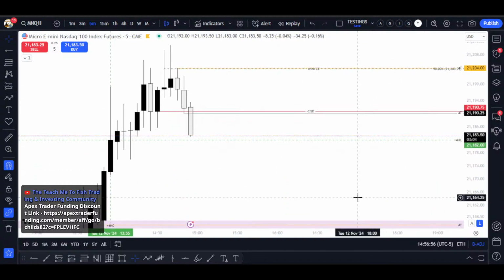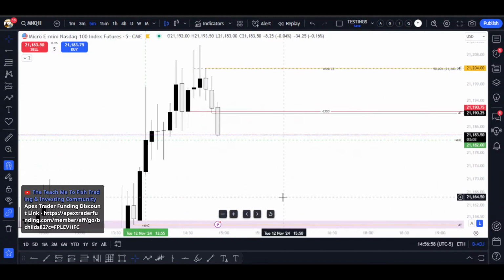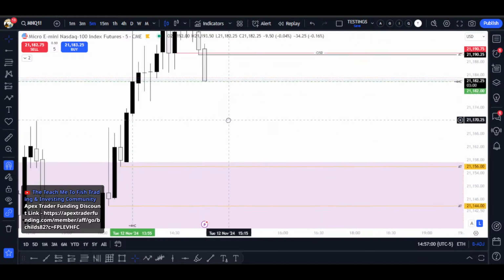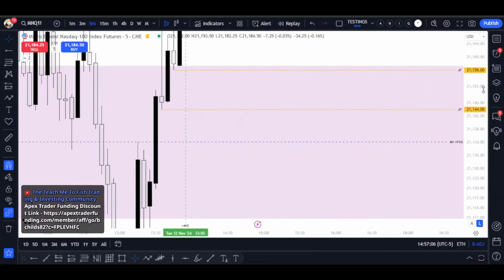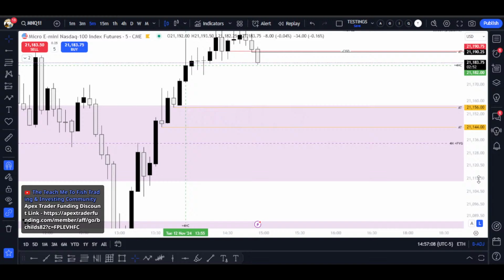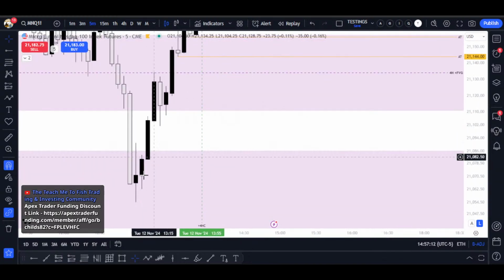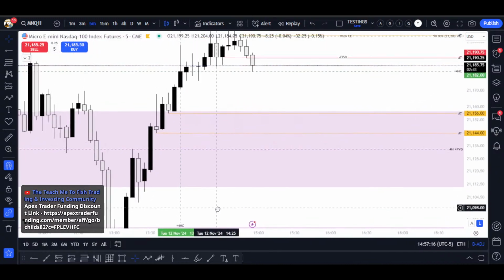So that's all good. We have algo targets to the downside as well. I don't see any other algo targets.